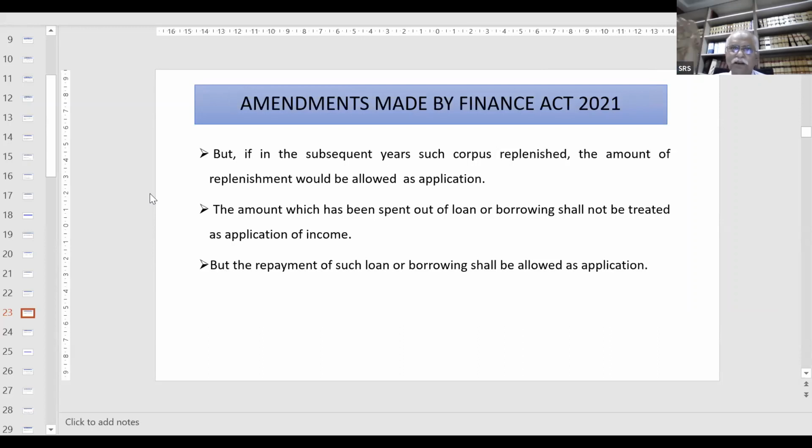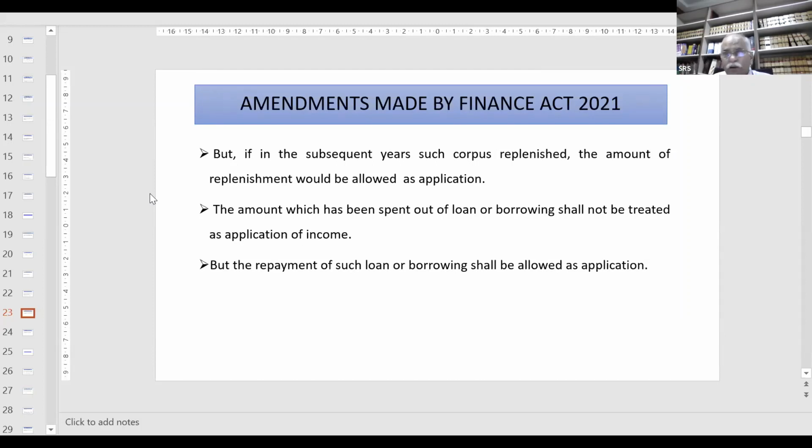What they are saying is conversion of unpaid interest into a loan or borrowing or debentures will not be treated as interest having been paid. So in effect they are accepting the Supreme Court judgment, saying that there's a difference between a debenture and a loan or borrowing.